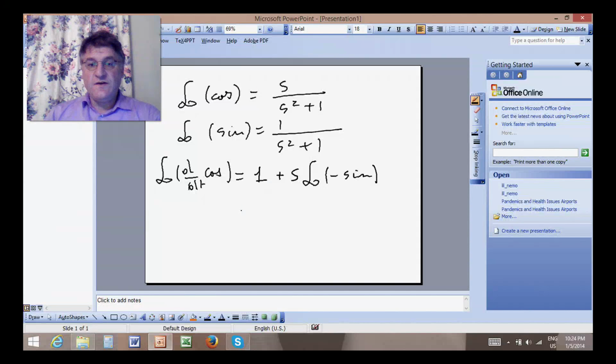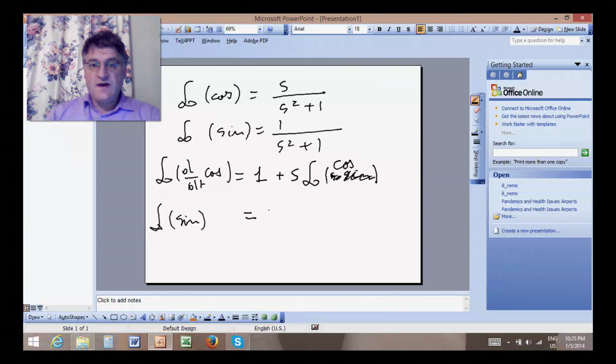Okay, so what do we get? My mistake here, it's not that, it is cosine. So to write this, we obtain that, first of all, this is the Laplace transform of the sine.